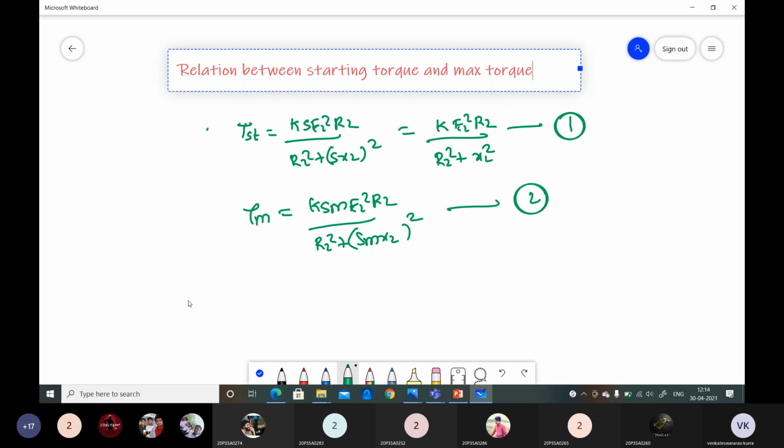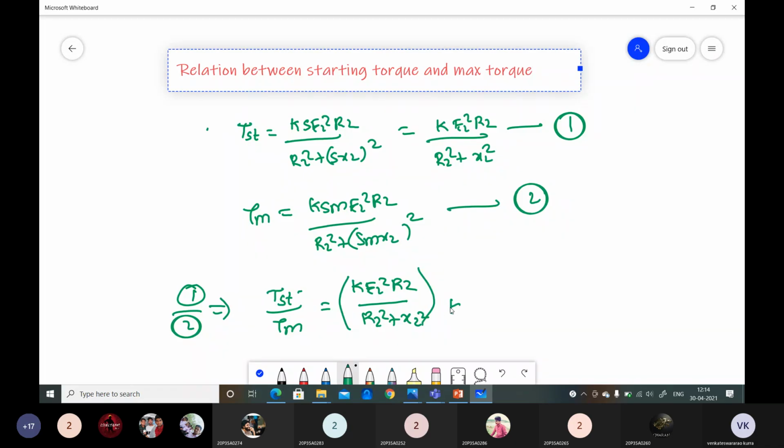Now divide equation 1 by 2. Starting torque T_ST by maximum torque T_M equals K E2 square R2 by (R2 square plus X2 square), divided by the T_M value, which is K S_M E2 square R2 by (R2 square plus (S_M X2) whole square).